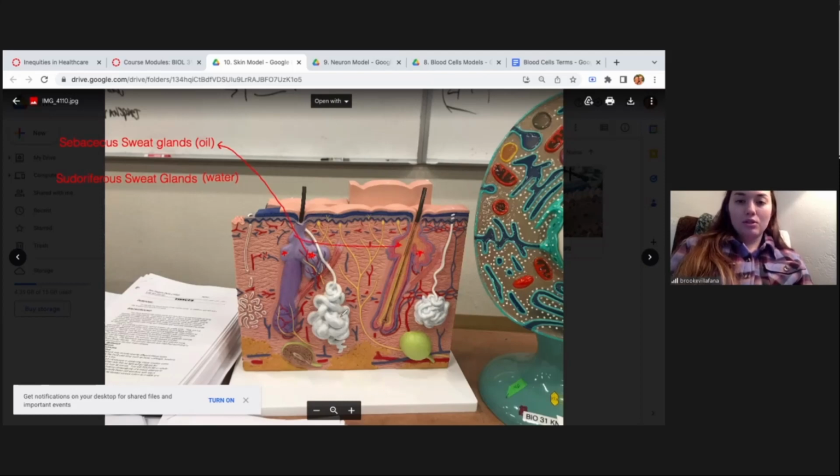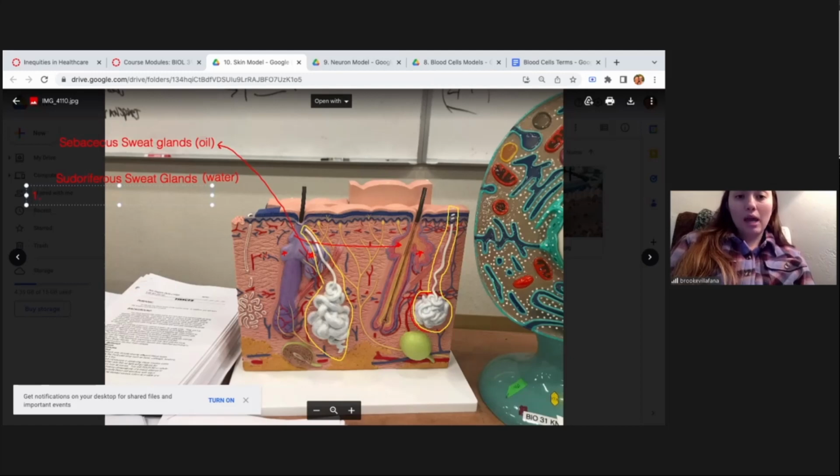Now you see these two white ones. Everybody see the difference between these two? This white gland, I need a different color. Okay, yellow. This white sweat gland goes straight to the surface of the skin. Does everybody see that? This white sweat gland attaches to the hair follicle up here. So there are actually two types of sudoriferous sweat glands.